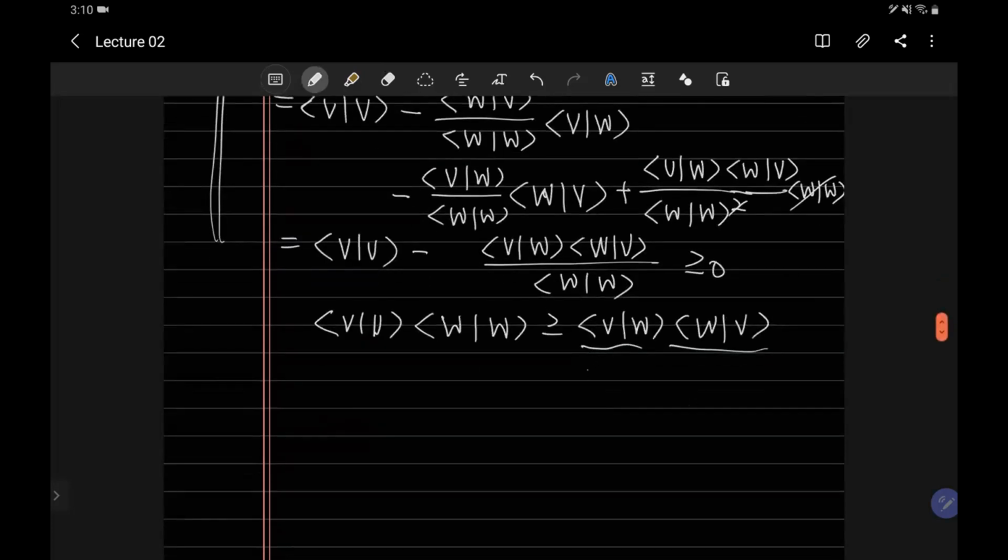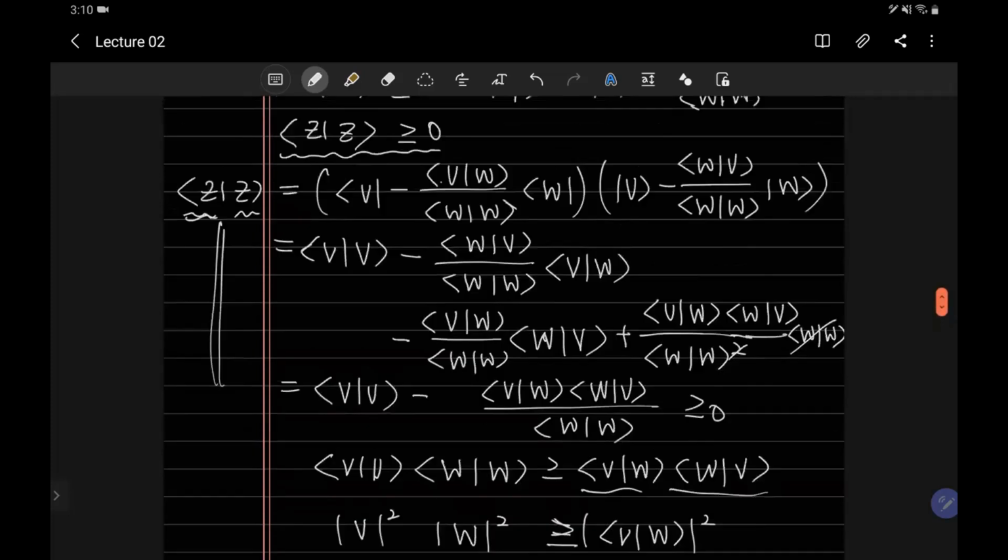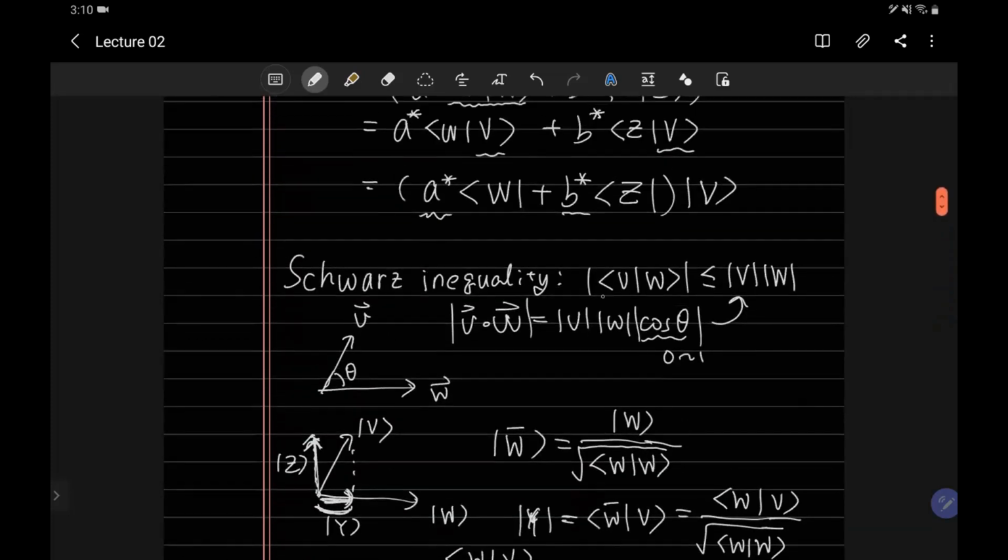So this can be rewritten as the absolute value squared of VW, and this side can be written as the norm of V squared times the norm of W squared. And with this result, we can prove the Schwarz inequality.